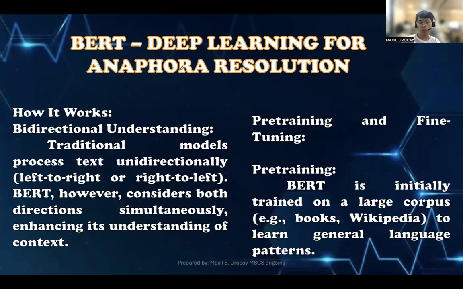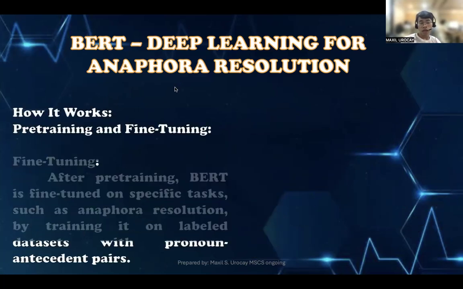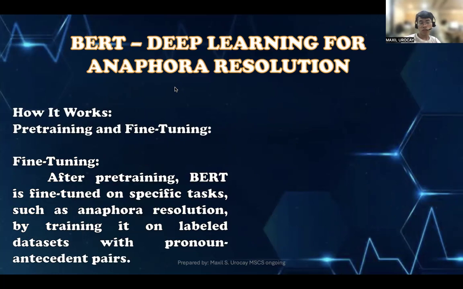Then there is pre-training and fine-tuning. BERT is initially trained on a large corpus like books, Wikipedia, and so on to learn general language patterns. After pre-training, BERT is fine-tuned on specific tasks such as anaphora resolution by training it on a labeled data set with pronoun-antecedent pairs.